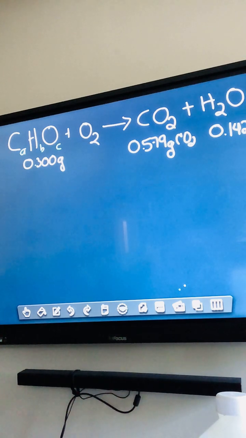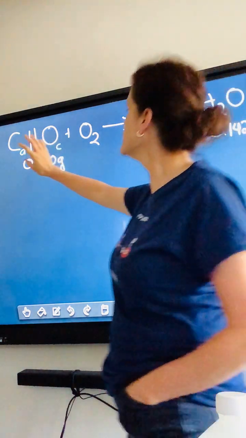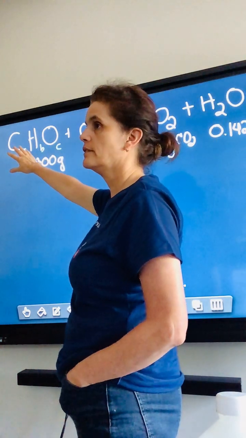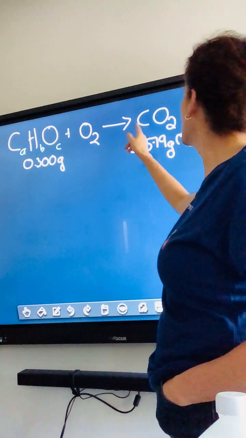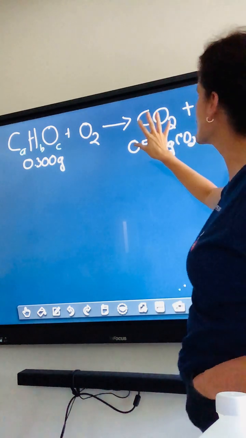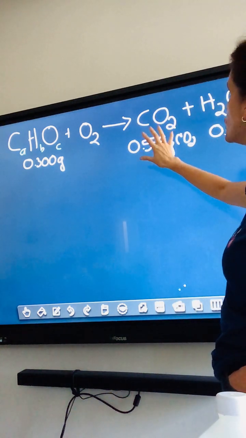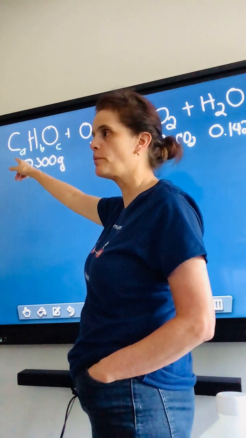What we need to realize here is that all of the carbon that was here is here, right? Because there is no carbon anywhere else, if I know how many moles of carbon are here, there should be the same amount of moles of carbon there.